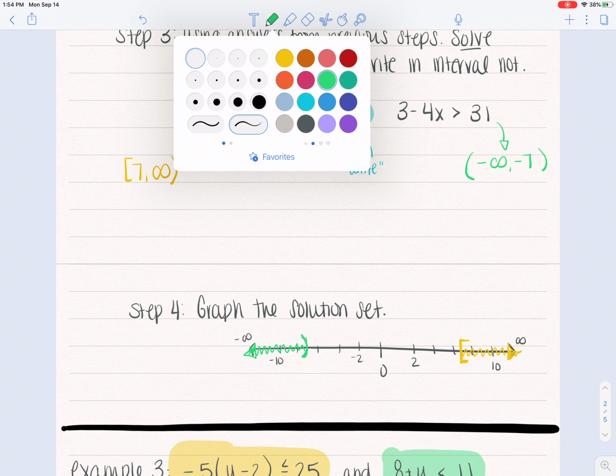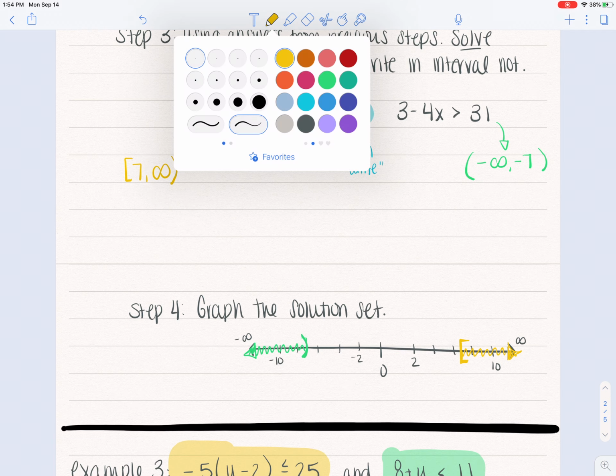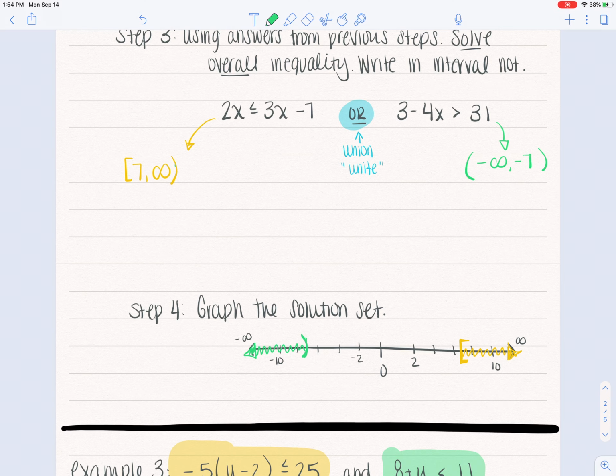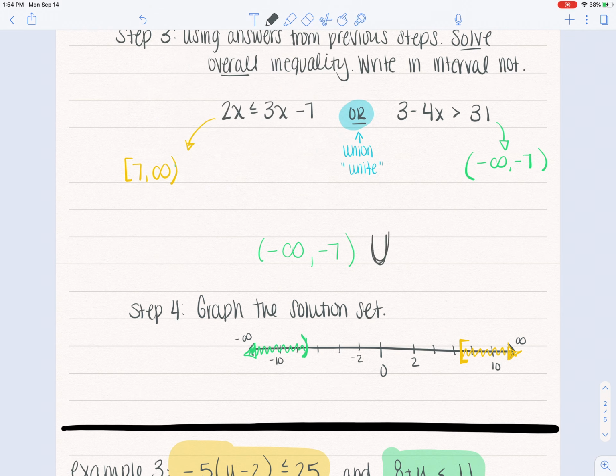To write this thing in interval notation, I have to write from left to right. So on the graph, if I was walking on the graph, the first thing I would come up with is -infinity to -7, union or, 7 to infinity.